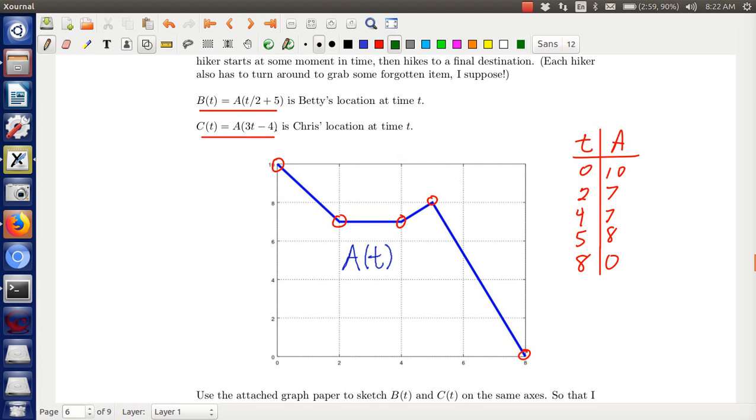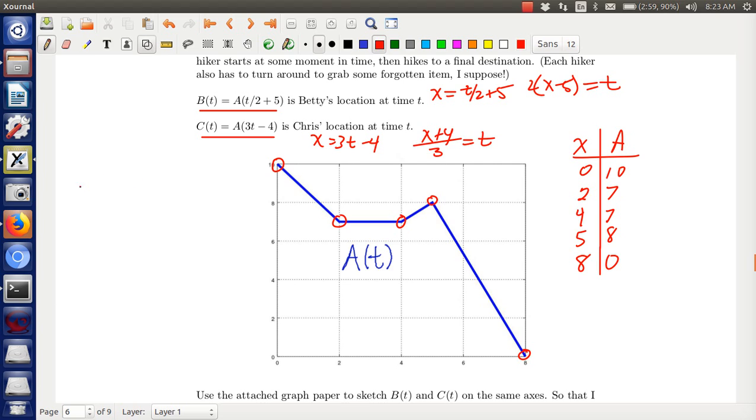So for the sake of argument, I'm going to call these x's so that we can call this one t. So if you say x equals t over 2 plus 5, you can just solve for the other variable. x minus 5 times 2 equals t. And over here, x equals 3t minus 4 means that x plus 4 divided by 3 equals t.